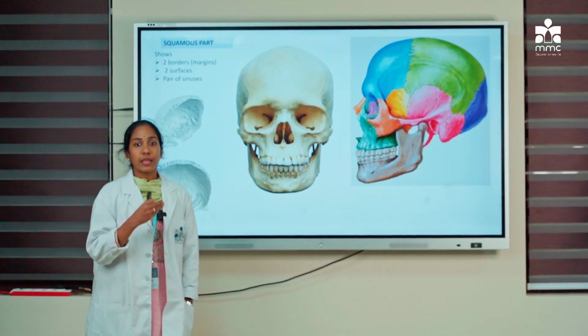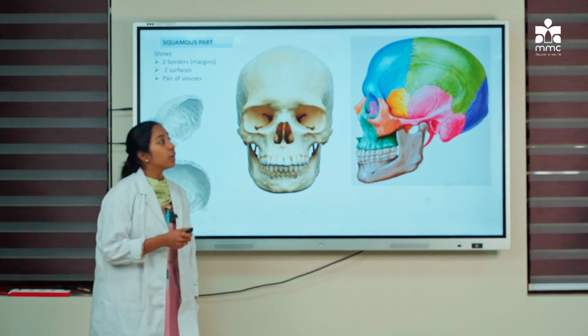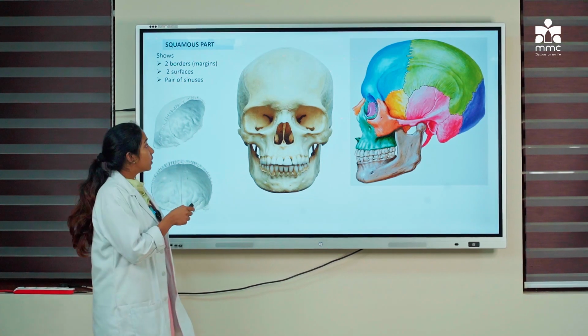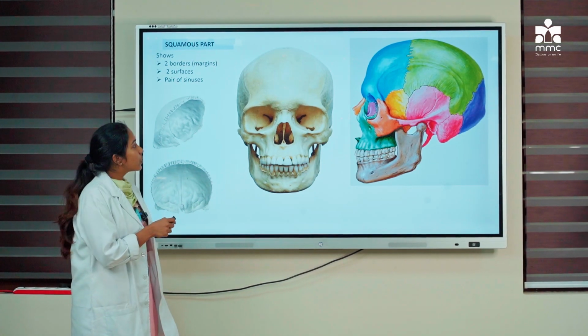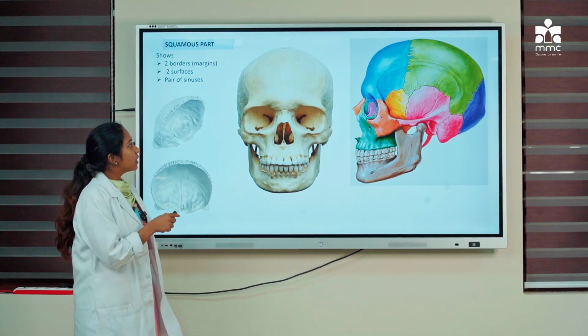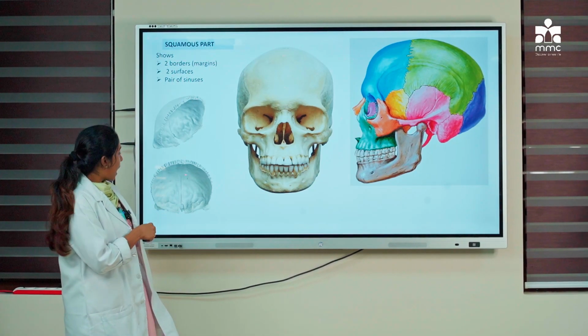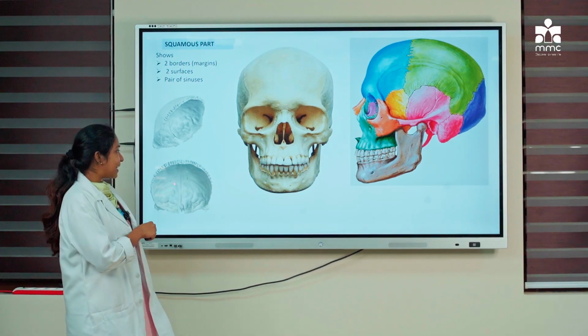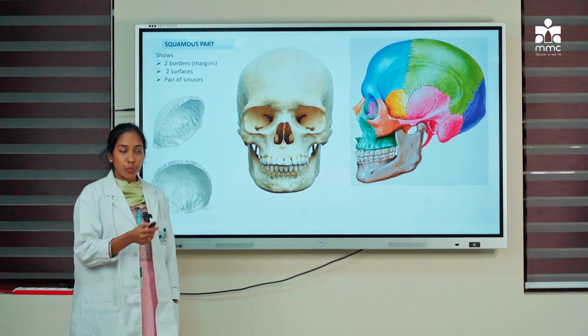Now we will see each part separately. The squamous part is the largest part. This surface is the external surface. It has two surfaces: this is the external surface, and the surface here which is facing the cerebrum is the internal surface. It has two borders.